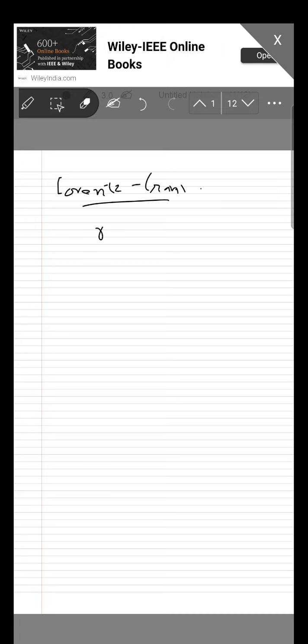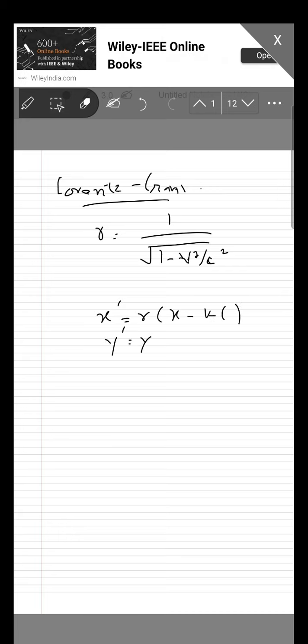So we define a quantity gamma which is equal to 1 by square root of 1 minus v square by c square, and so the transformations are as follows. x dash is equal to gamma times x minus vt, y dash is equal to y, z dash is equal to z, and t dash is equal to gamma times t minus vx by c square. So these transformations are known as Lorentz transformations.